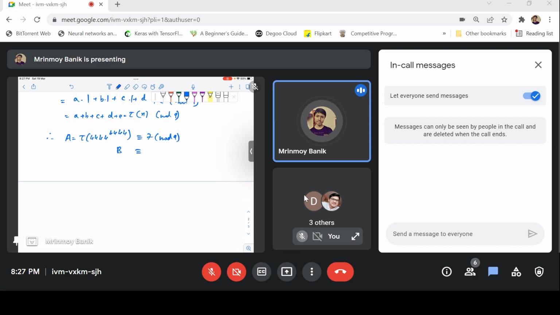So b is also congruent to the digit sum of a, which is congruent to a, which is congruent to 7. So the digit sum of b, the thing that we have to find, is also congruent to 7 mod 9.